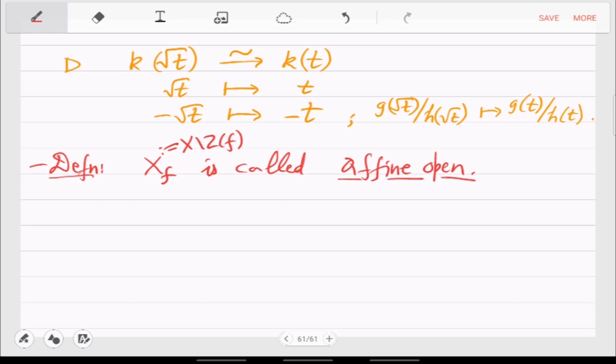We attach this word affine to signify that it can be seen as a zero set itself.